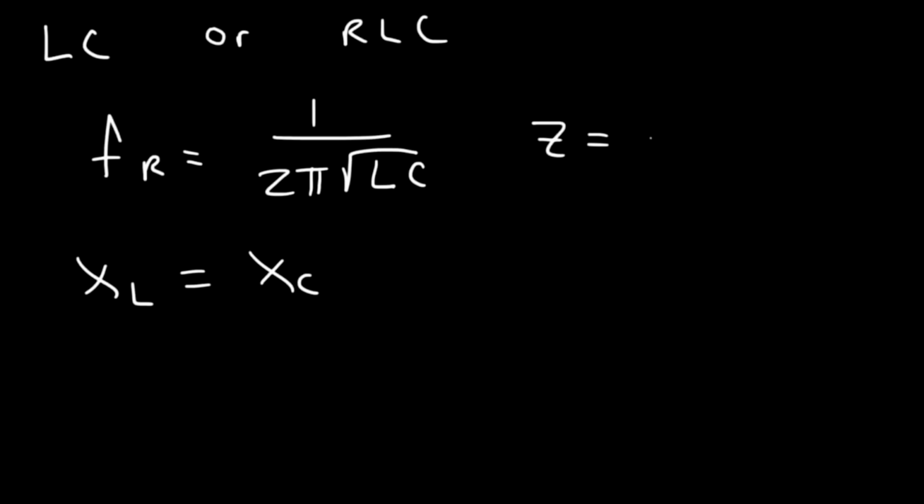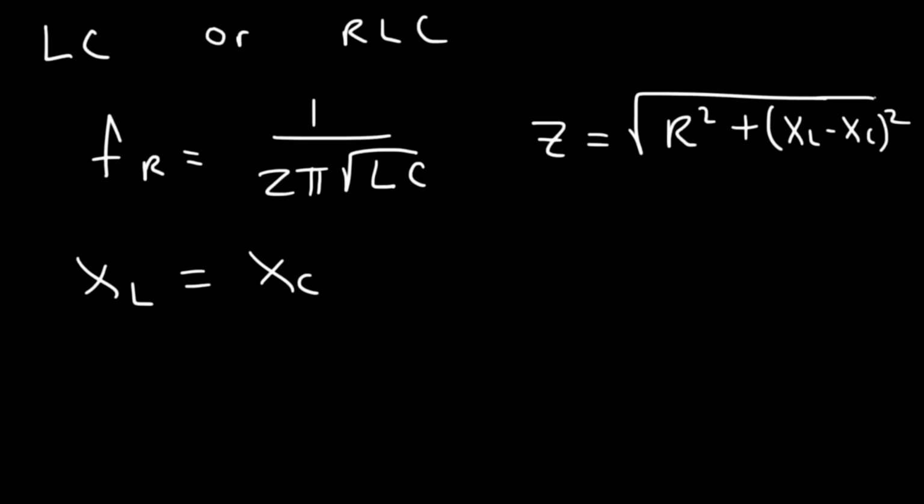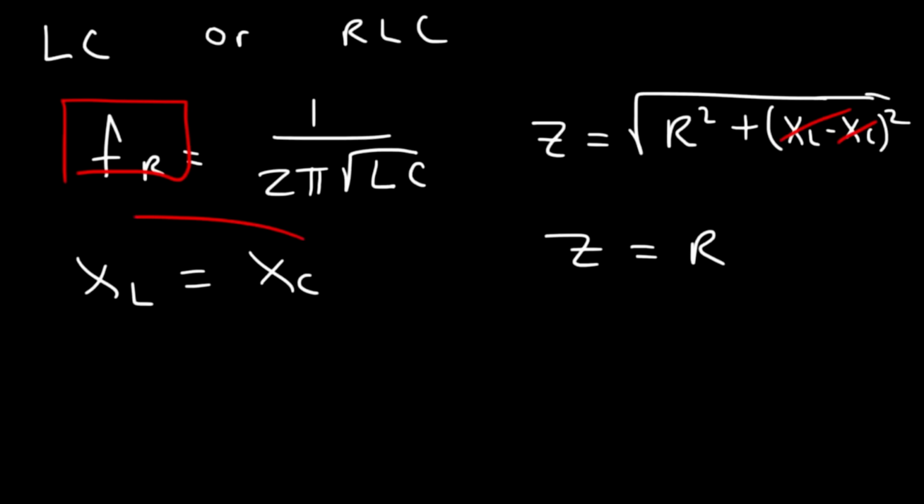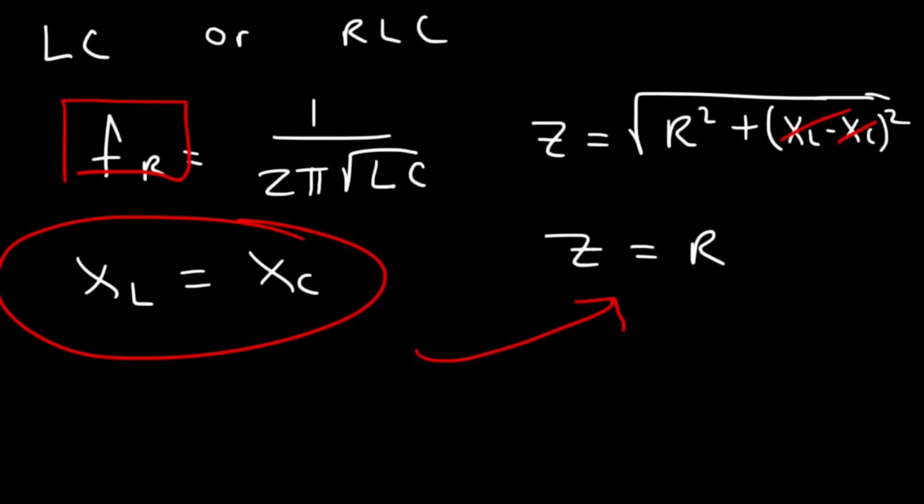So in that case, the impedance, which is the square root of R squared plus XL minus XC squared, since XL minus XC are the same, these two will cancel. XL minus XC is 0. So Z is equal to R. So at the resonant frequency, make sure you know that XC equals XL, and Z, the impedance, is just the resistance of the resistor.